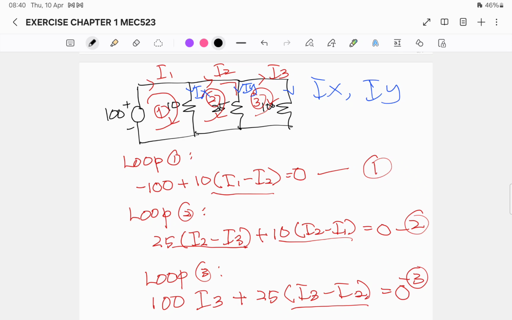Cepat. Ix dengan Iy. Konten je, tak apa, tak payah cantik sangat, asalkan you boleh faham tulisan masing-masing lah.